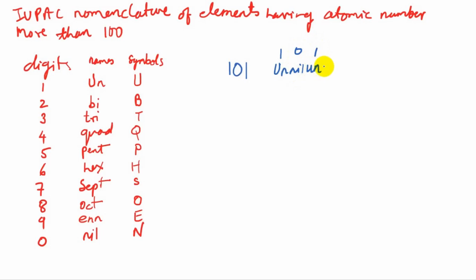That is coming from 101, isn't it? And at the end, we always add IUM. So 1 is there, 0 is there, 1 is there. So UN, NIL, then UN, and with this we always add IUM. In all cases, we have to add IUM. So this will be Unnilunium. So 101 will be called Unnilunium.